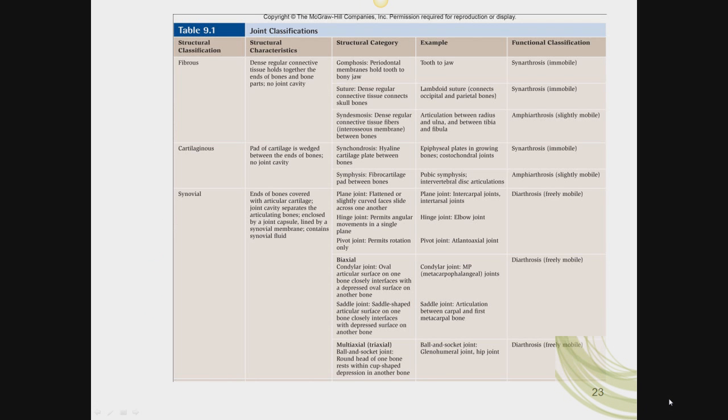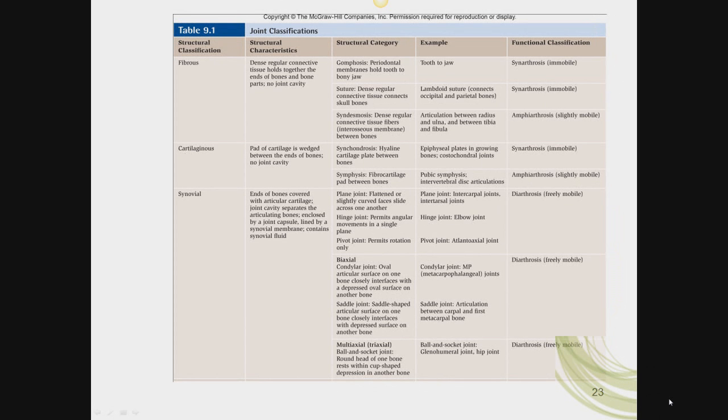In this picture, it is a table from the McKinley textbook. If you are using a different textbook, almost all anatomy textbooks are universal and have tables to organize the information. I like this table because it shows not only structural classification, which means the kind of material that makes up a joint, is it fibrous, cartilaginous, synovial, and it also shows the functional classification, which refers to how mobile or not it is.